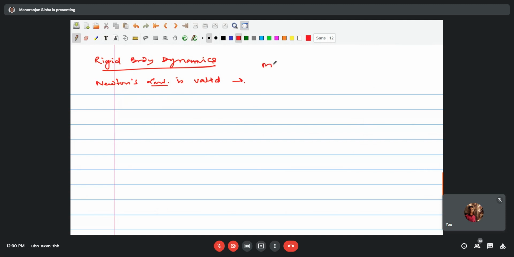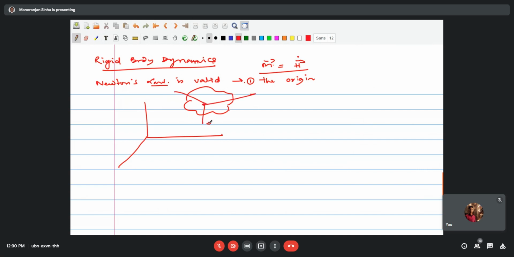Newton's law, in this case, what we write as M equal to H dot, is valid. This is Newton's law counterpart for the rotational motion. H dot is applicable when the origin you are considering, here we have a mass here, and we have a unit vector along the three directions.